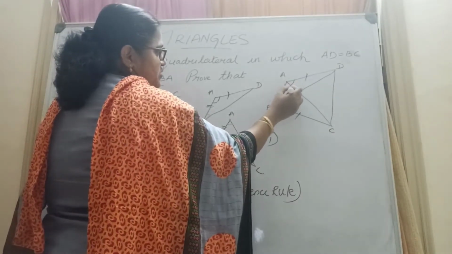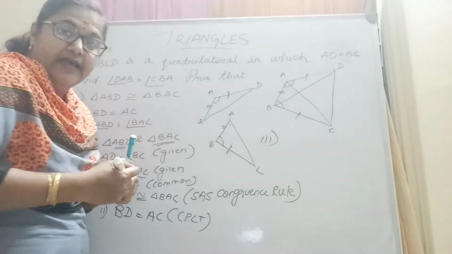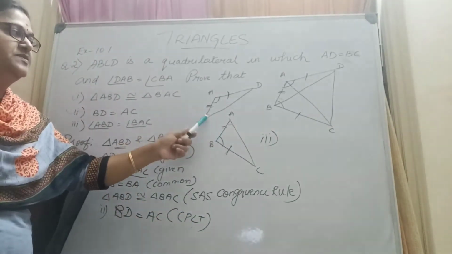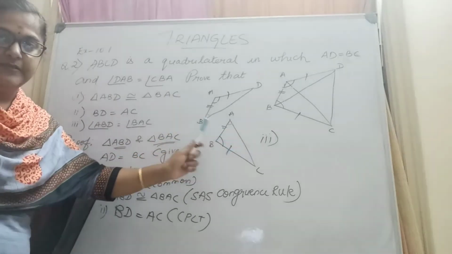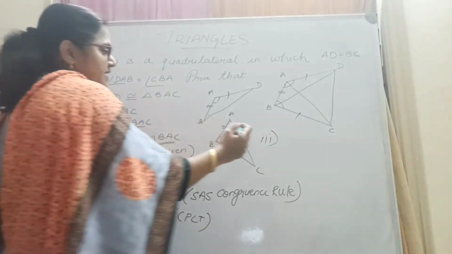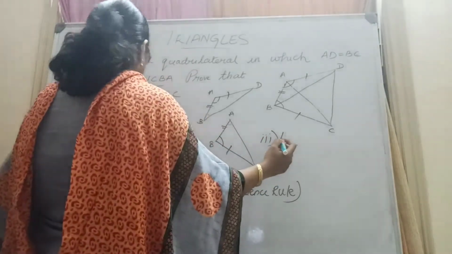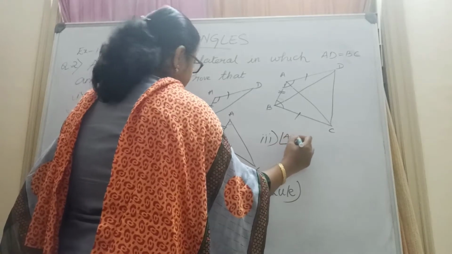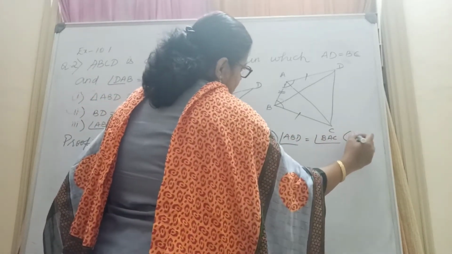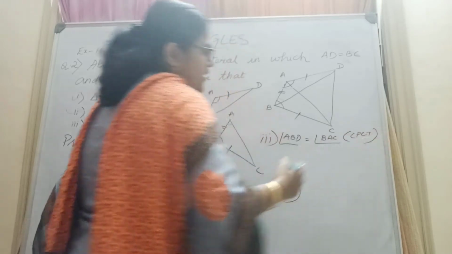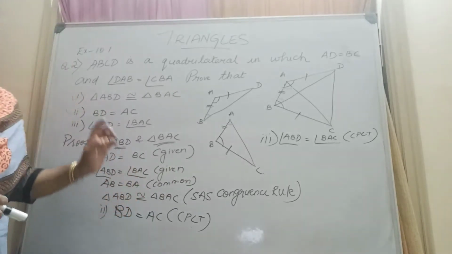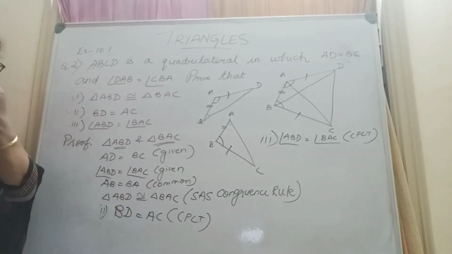I have to prove that these two angles are equal. Again, coming back to the same point, they are the corresponding parts of the congruent triangles. So I can directly say that angle ABD is equal to angle BAC, and for this also the reason is CPCT, corresponding parts of congruent triangles. Hope you all understood this.